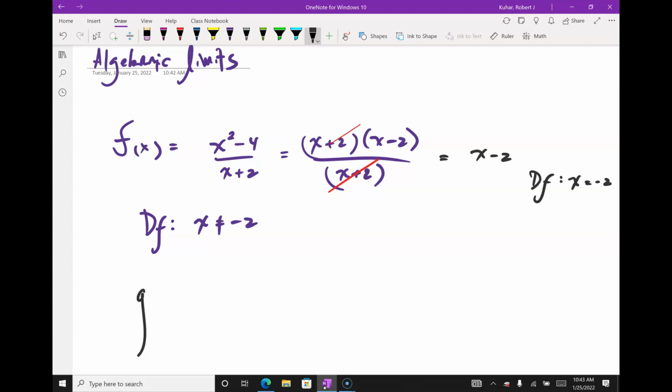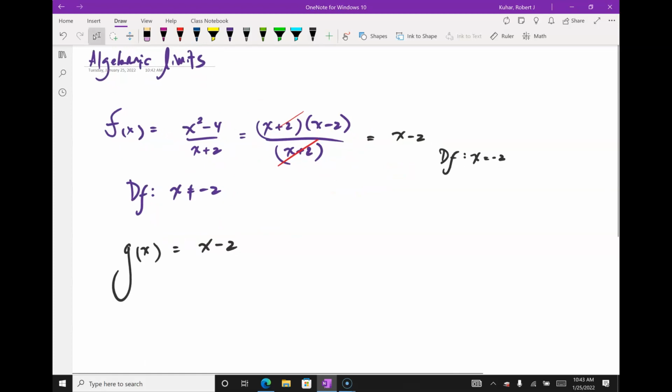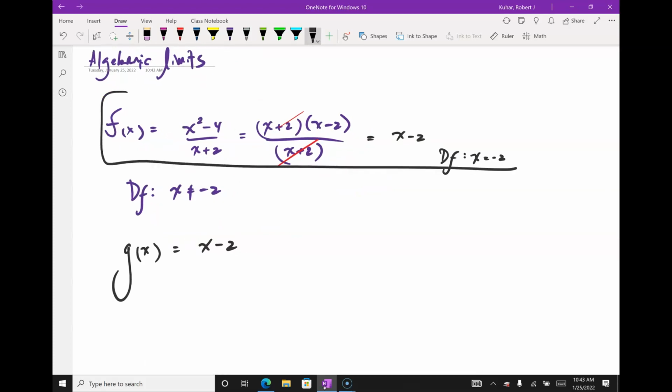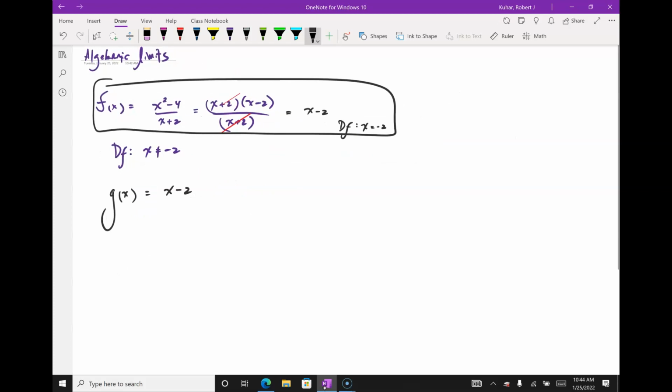For it to be g of x, I can. F of x is x minus 2 as long as I don't use negative 2. G of x is x minus 2 always. You with me? The domain of g is what? All reals, right?